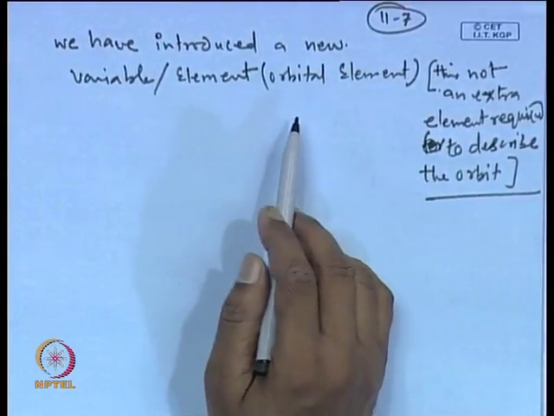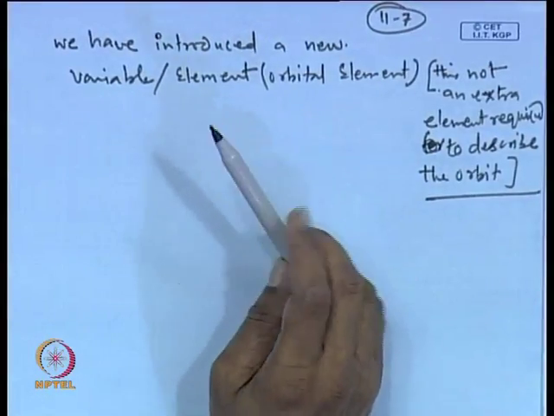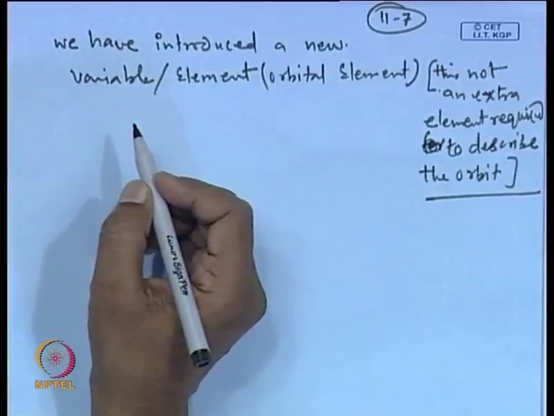Therefore, either we use the true anomaly or the eccentric anomaly, which we have just now introduced, both will work, okay, because they are related together.